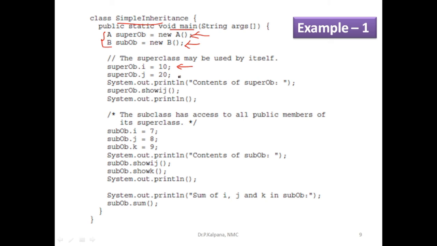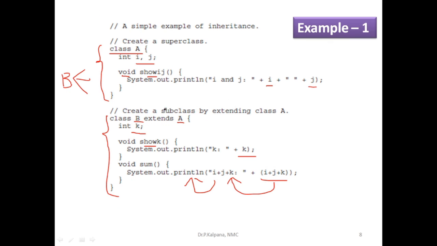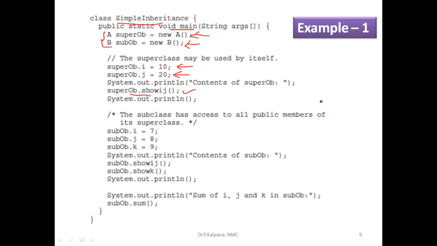This is also a valid statement because both i and j reside in the base class, and I am accessing i and j using the superclass object. Now, superOb.showij(). Showij is the method of superclass, so this is also a valid statement. This statement invokes showij so that the values of i and j will be printed with appropriate formatting.